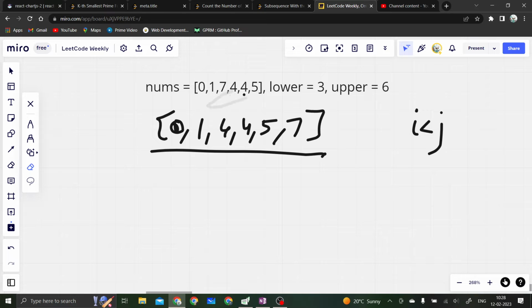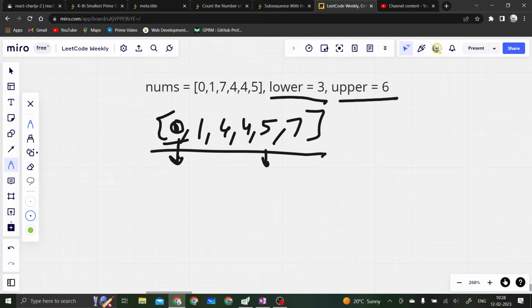So now we can simply apply the concept of upper bound and lower bound, right? So what we will do, we will take this particular index and then we will be calculating the lower bound, that is the greatest value that gives us a sum greater than or equal to this lower value, and we will find the upper bound with a particular index element, right?